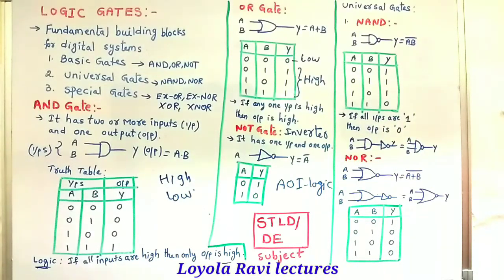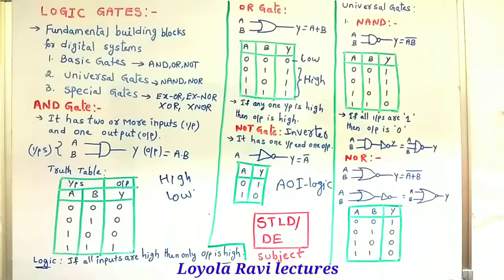First of all, what is the meaning of universal gate? Why are these gates called universal gates? The name itself gives the definition. Universal means any logic circuit or any logic expression can be implemented by using these two gates.